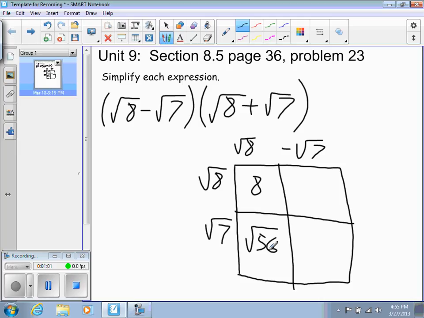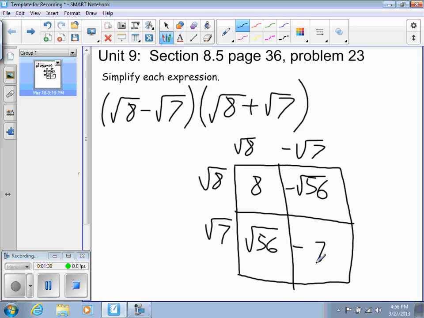Similarly, this one over here is going to be minus the square root of 56. And now, last but not least, down here on the bottom right-hand corner, one of them's negative, so it's negative, and the square root of 7 times the square root of 7 gives me 7.